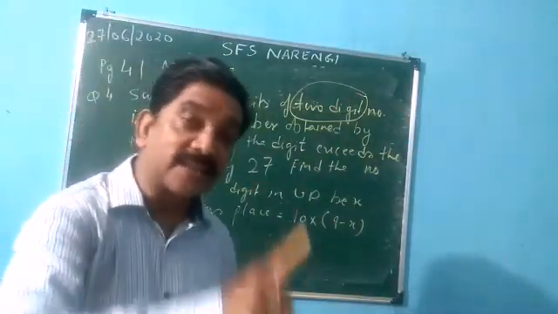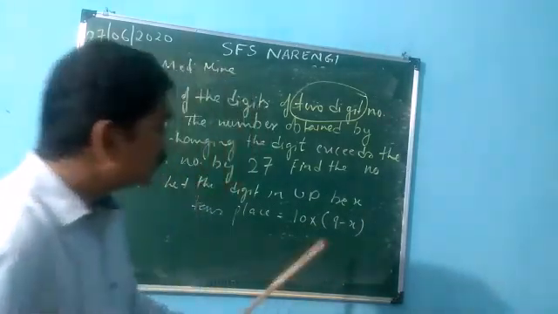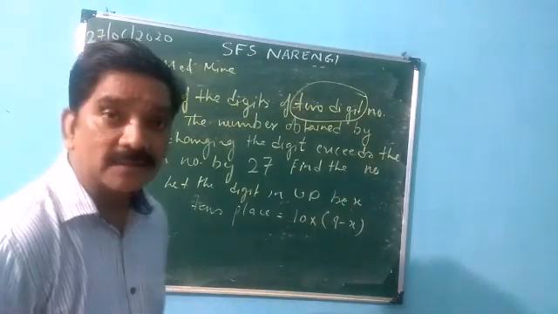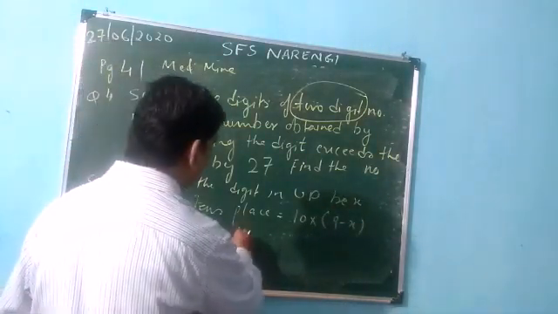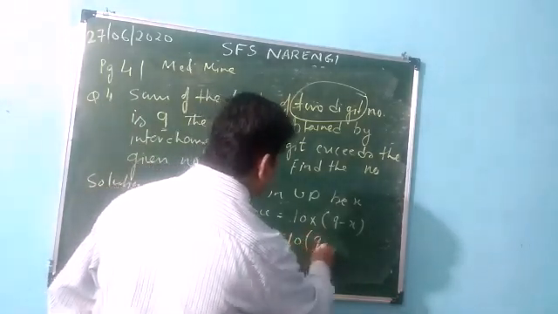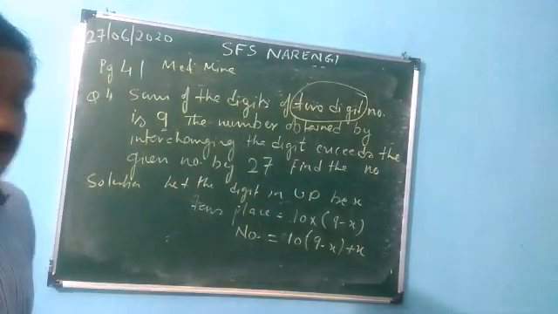If one is x, the other digit will be 9 minus x. Tens place means you have to multiply by 10. So what is the given number? 10(9 minus x) plus x. Now this is the number.